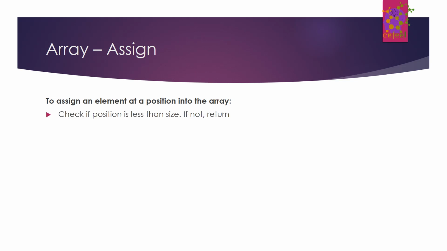What we generally do is check if the position is valid, which means it's non-negative and less than size, because if it's greater than size, then we cannot assign it. If it's an invalid position, then we just return, which means we do not perform the assignment operation. Otherwise, we place the element at the position using the subscript notation, and then we return. So it's as simple as that.